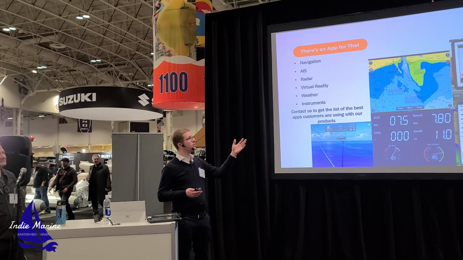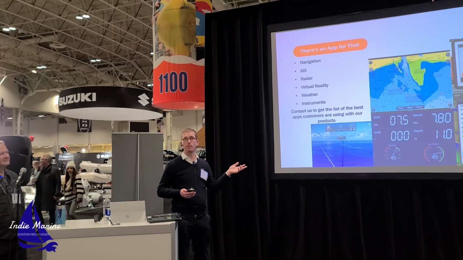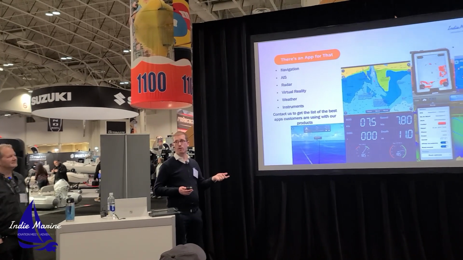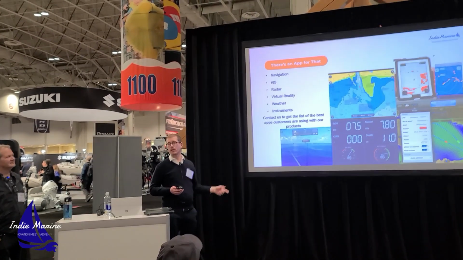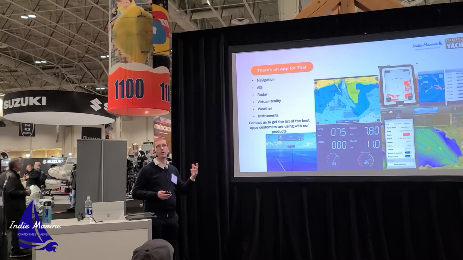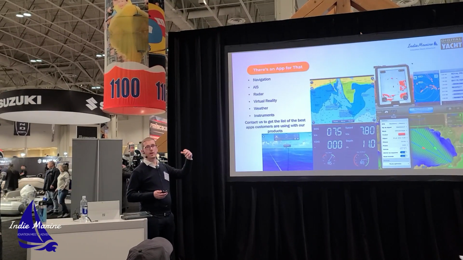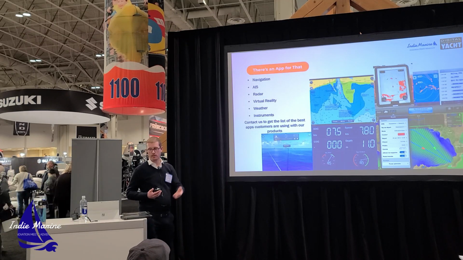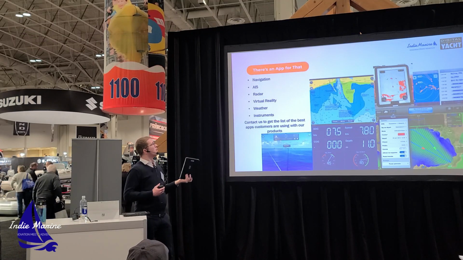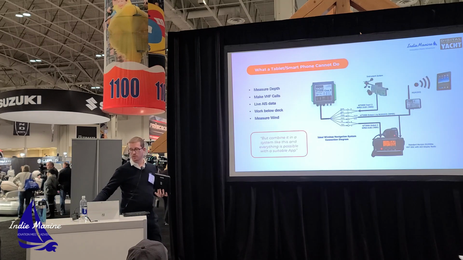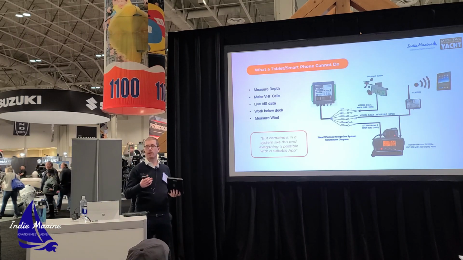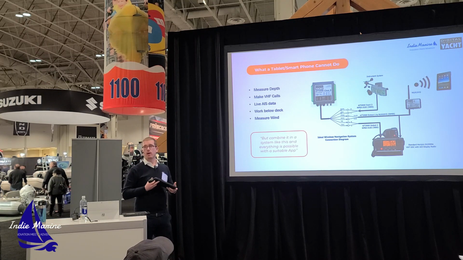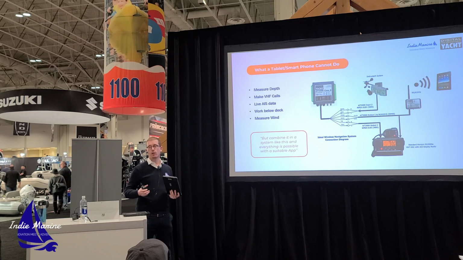Such as, you can manage your autopilot from your tablet, which probably most of you don't know here, or you can do routing, weather forecast, display all the navigation data like AIS, wind, depth, speed, use apps like Navionics or whatsoever to have a nice chart, and here it is. But what a tablet cannot do by itself is get those live data or make a DSC call or display wind data, AIS, all sorts of things.